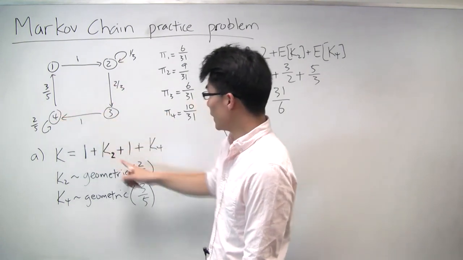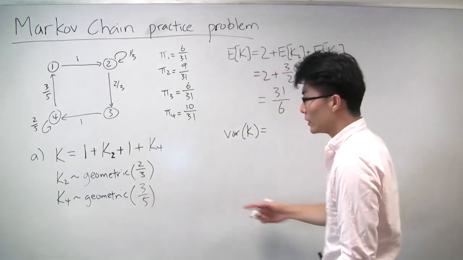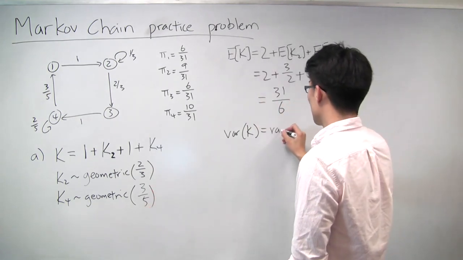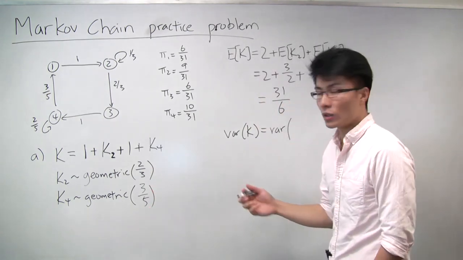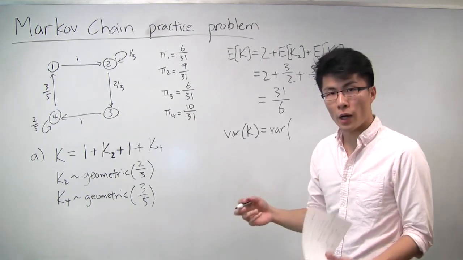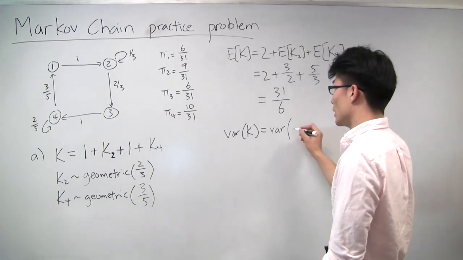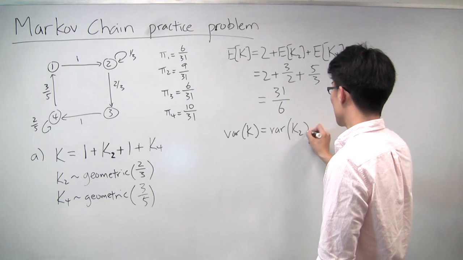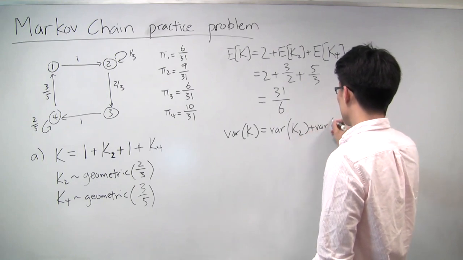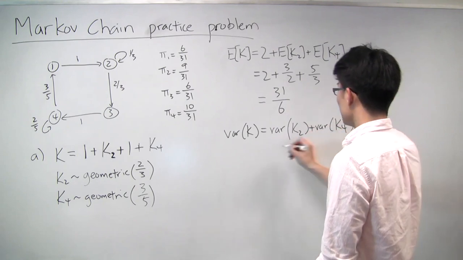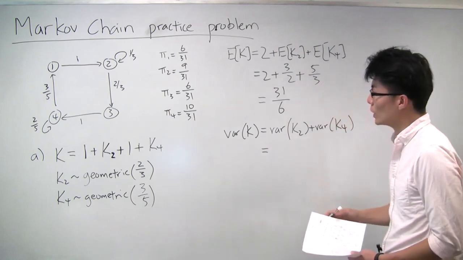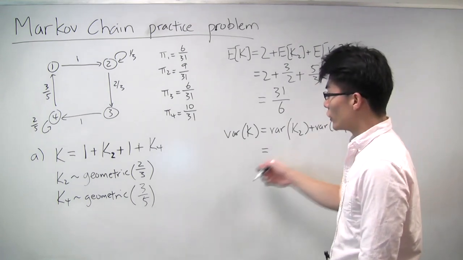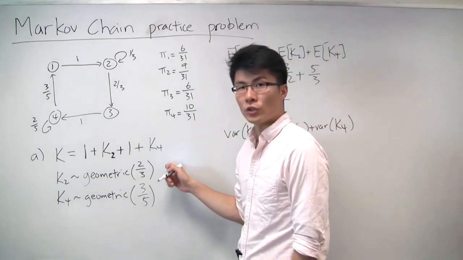And because of that, k2 and k4 are in fact independent. And so the variance of a sum of independent random variables is the sum of the individual variances. So we can simplify this and say this is just the variance of k2 plus the variance of k4. Now, what is the variance of k2? It is the variance of a geometric with p equal to 2/3.